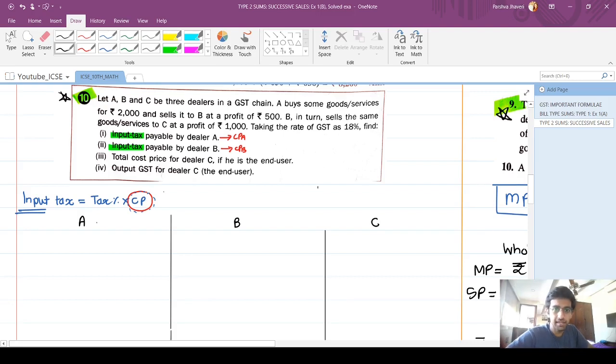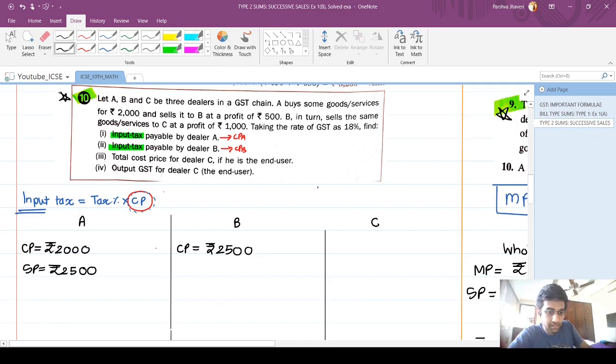A sells to B, B sells to C. Okay. They've told us A buys the product from someone at 2,000 and he sells it at a profit of 500. So he sells it at 2,500. Then B bought it. The CP for B will be rupees 2,500 because A sold it to him.